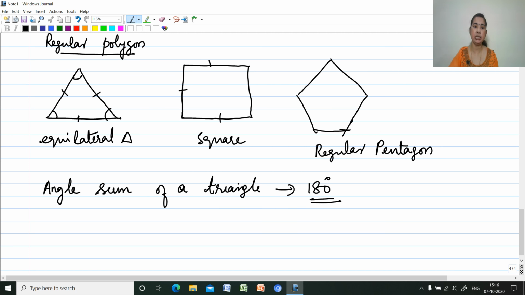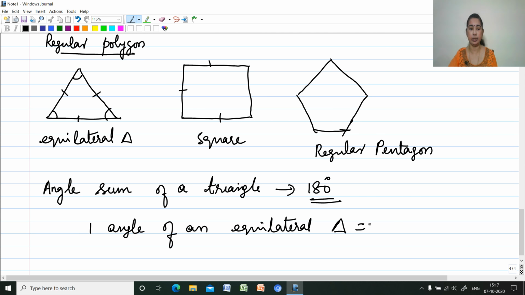So how much will each angle be for an equilateral triangle? One angle of an equilateral triangle is equal to the total 180 degrees divided by 3 angles, so it is equal to 60 degrees. So one angle of an equilateral triangle is 60 degrees.